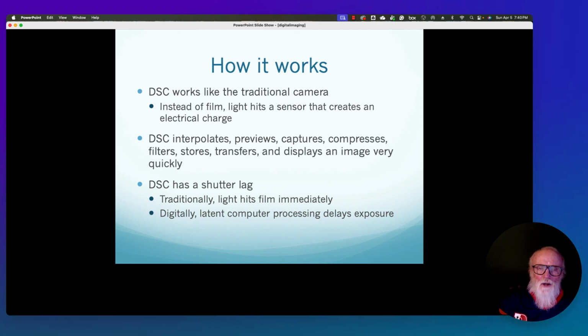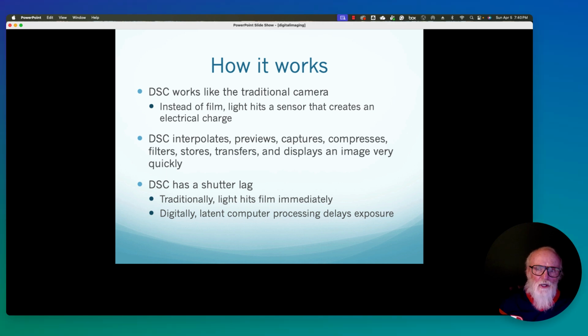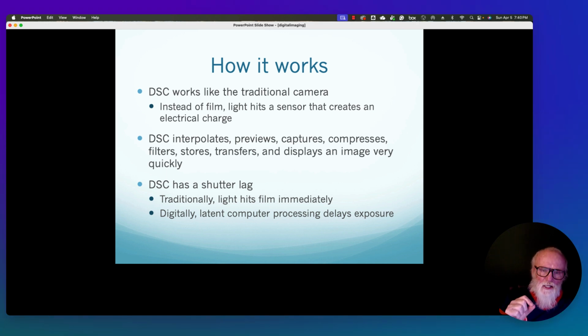Now, what the camera did, and still has to do, is interpolate, preview, capture, compress, filter, store, transfer, and display an image very quickly. However, in 1994, when you were using one of those cameras, there was a lag because interpolating, previewing, capturing, compressing, etc. took some time, okay?